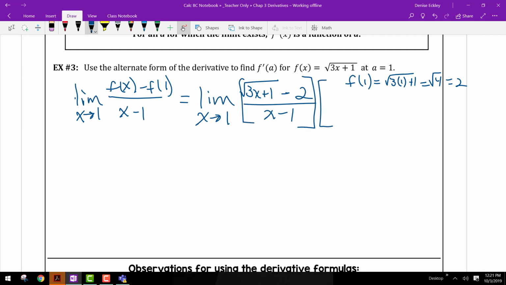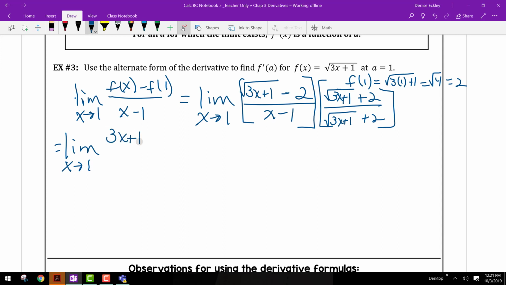So I'm going to multiply top and bottom by the square root of 3x plus 1 plus 2 over the square root of 3x plus 1 plus 2. So I now have the limit as x approaches 1 of 3x plus 1 minus 4 over, in parentheses, x minus 1 times my conjugate, so the square root of 3x plus 1 plus 2.